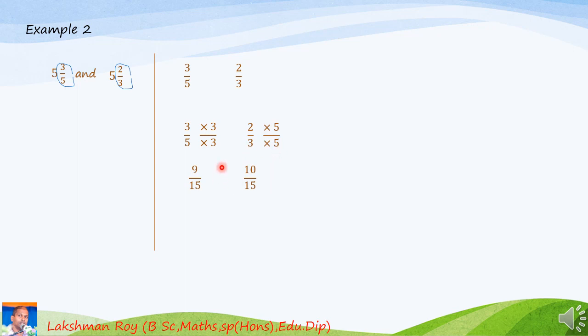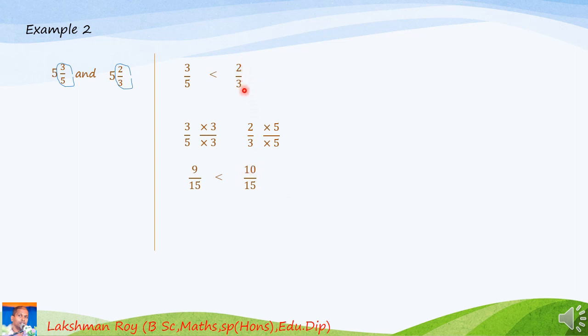Now you can compare these two. How? The denominators are equal, that means the same number of parts, divided into 15. Taken 9 parts, taken 10 parts, so 10 parts is bigger. That means this fraction is big, because this is the equivalent fraction of 2 thirds.